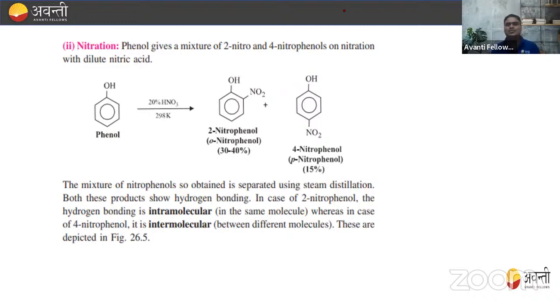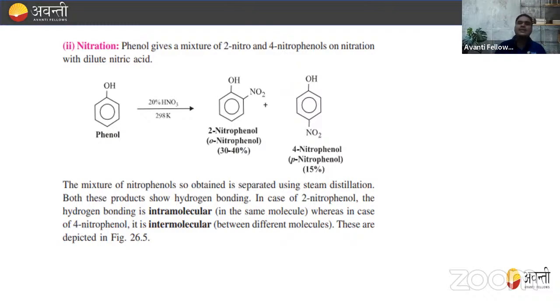Do you know what is meant by 20% HNO3? 20% of HNO3 means what, beta? Yes, anyone? Only 20% of HNO3 means this is very, very dilute. Out of 100 ml of solution, only 20 ml is HNO3 and the rest is water, that is 80 ml is water. So we take HNO3 as a dilute quantity here.